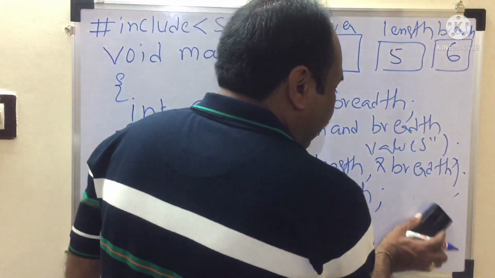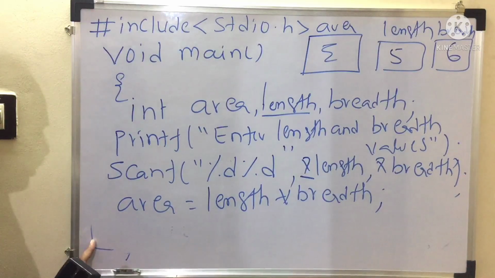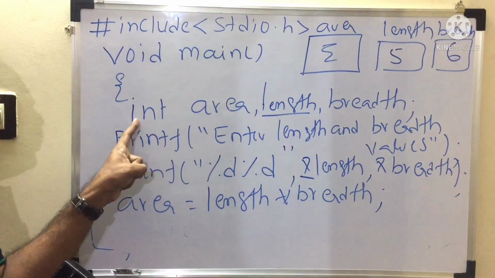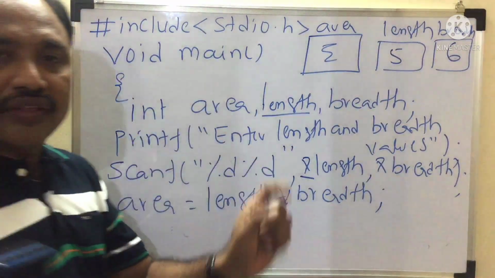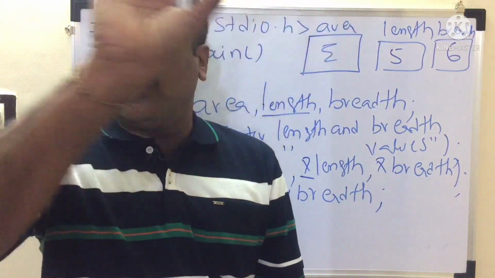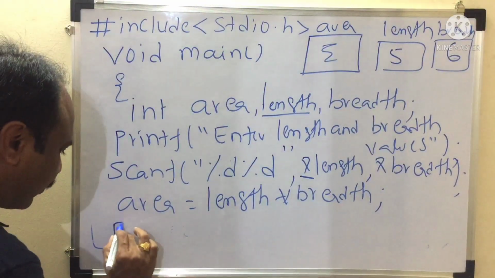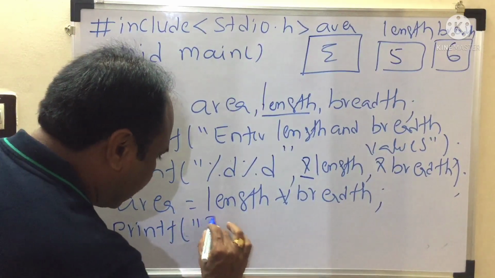Now I want to print the result, simply print the value. Printf: what is the value? Area. What type of value is area? Integer, so printf %d area. But not like that; I want to print "The area of rectangle is". Write it as usual in printf. If you want to write some message, write it.